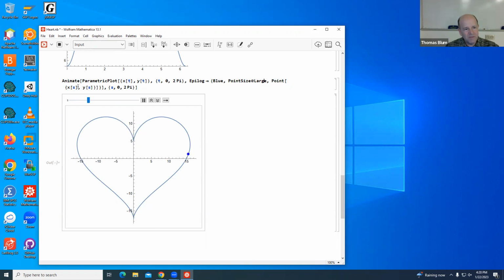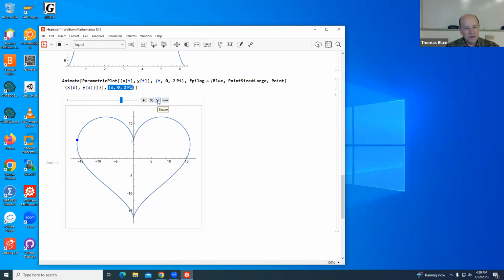Then I used the same function, but a different parameter, S this time, and used the S for my animate parameter. And then you see the blue dot tracing around, and I can stop it and start it. I can make it go slower or faster, and I can reverse its direction.